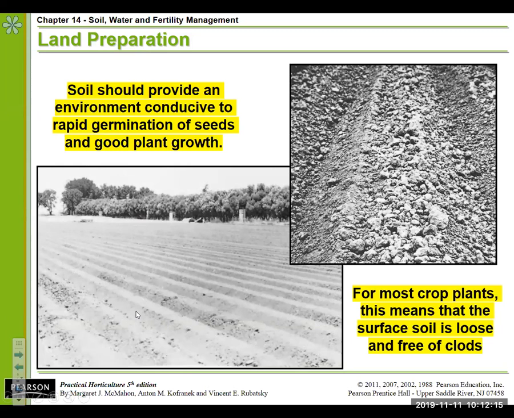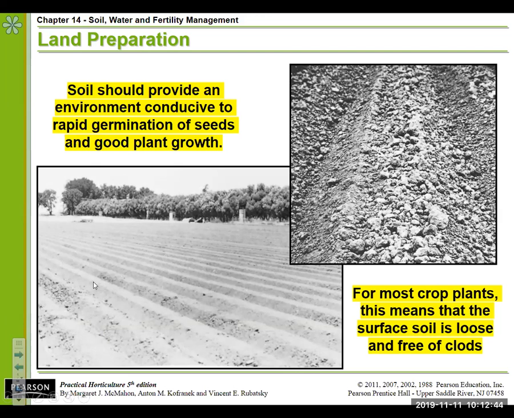So soil, first and foremost, if we're growing crops from seeds, should provide an environment that is conducive to the rapid germination and emergence of seeds to get good plant growth. For most of our crops, that means that we want a soil surface that is loose, full of pore spaces, free of big chunks and clods.